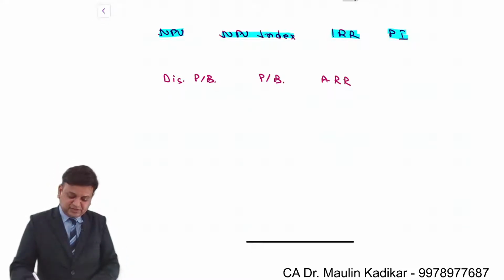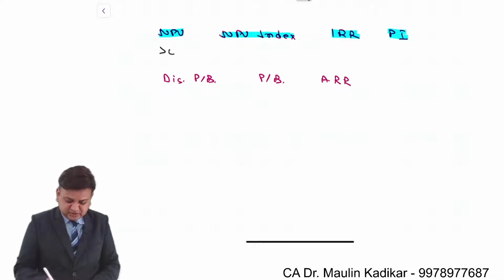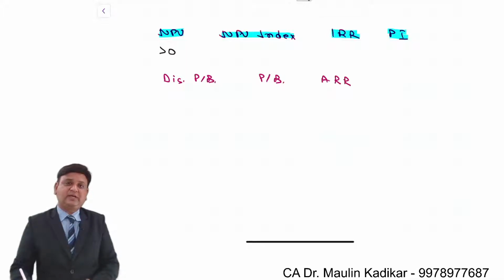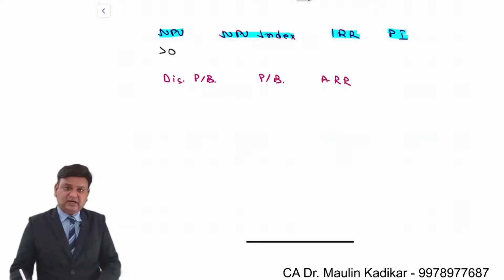Suppose a student called A is adopting NPV criteria, then he will write that sir, NPV is positive, so the project should be accepted. Suppose there is a student called B and she is adopting NPV index criteria. Then if NPV index is positive, she will write that the project should be accepted.